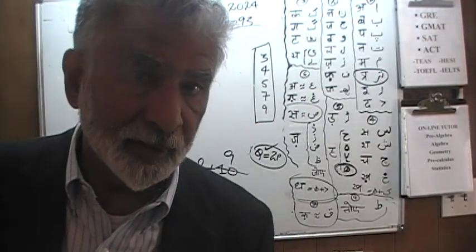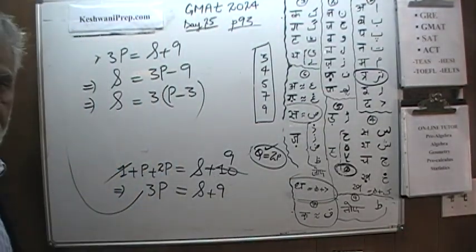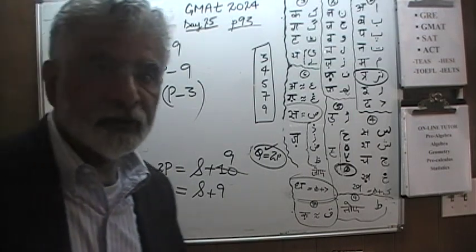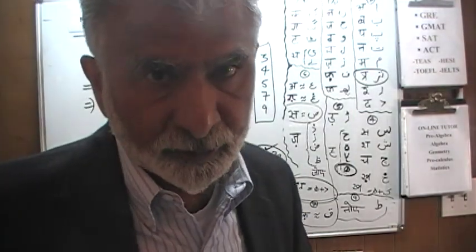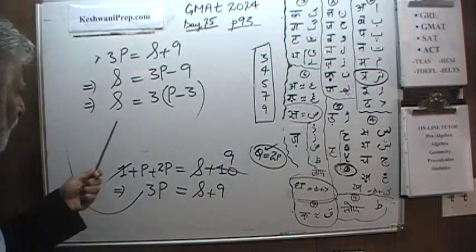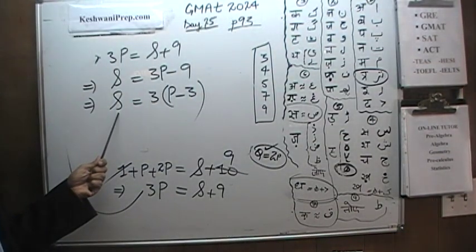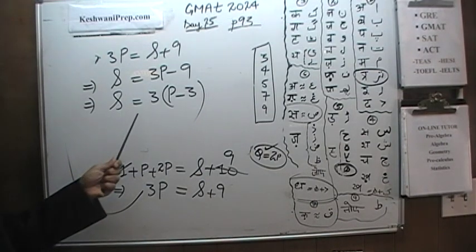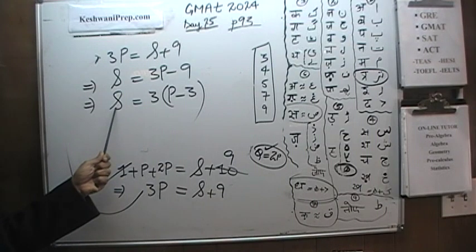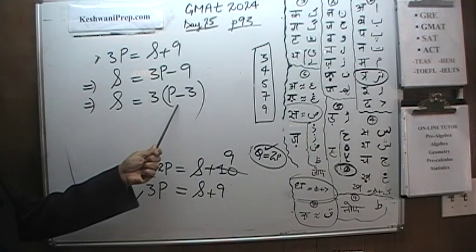Since we are interested in s, that's what we have here. But is this useful information? The answer is a resounding yes. It's very useful because what we just established is that s, whatever the value of s, is a multiple of 3. This quantity is a multiple of 3 because s equals 3 times some other quantity.